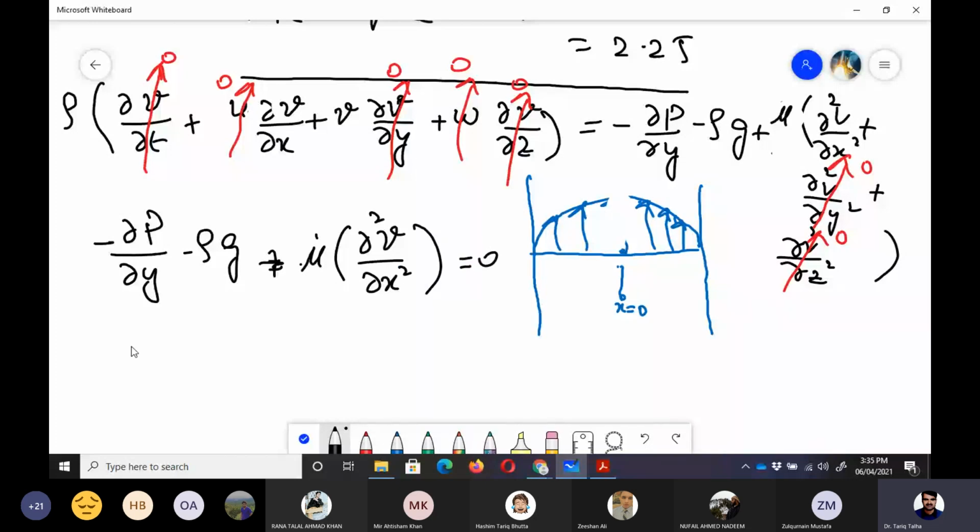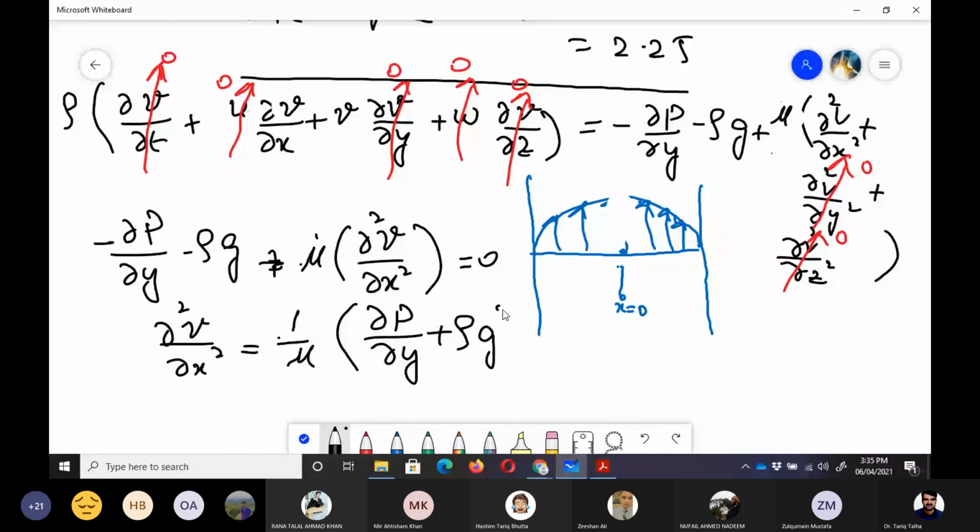So now we can write that partial square v upon partial x square is equal to 1 upon mu into partial p by partial y plus rho g.